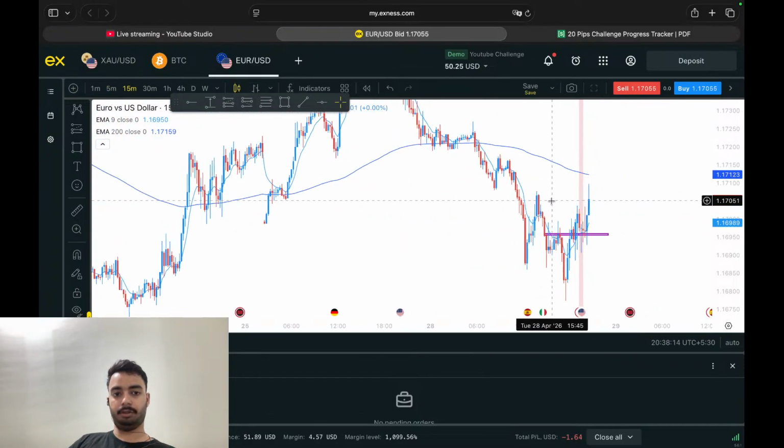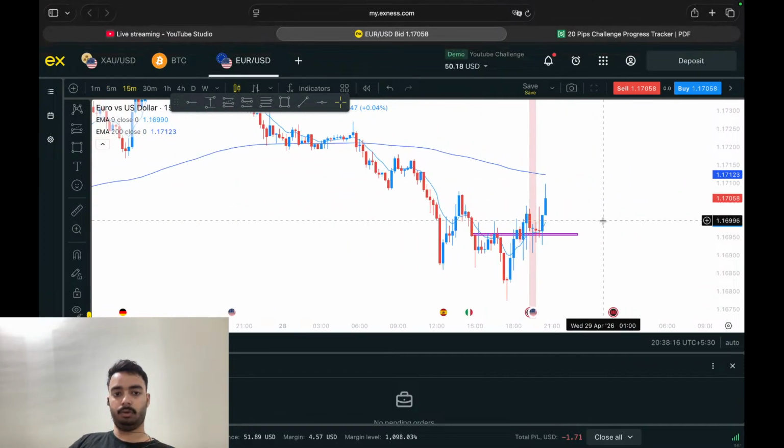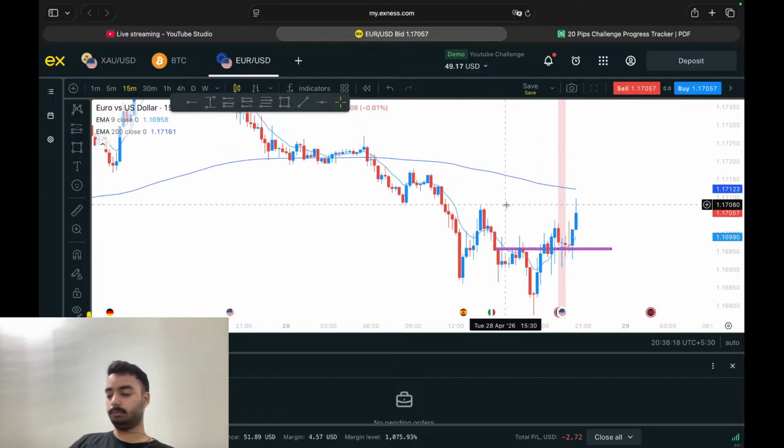And EURUSD looks the best among all three, just that it's not giving the same amount of risk to reward as both Bitcoin and gold.